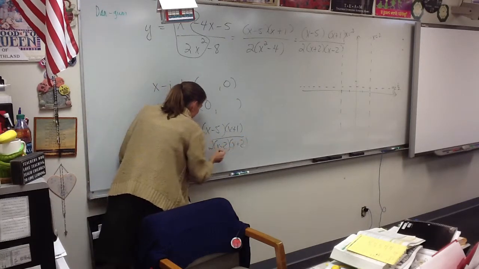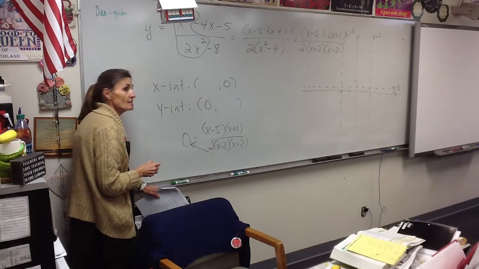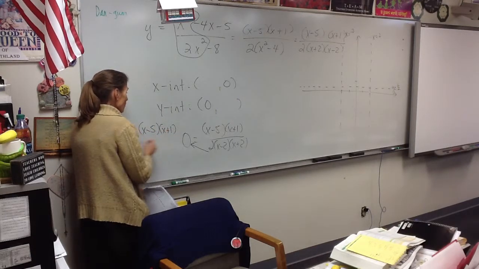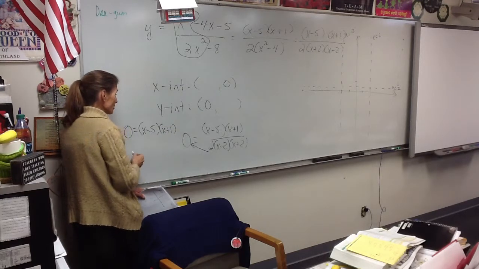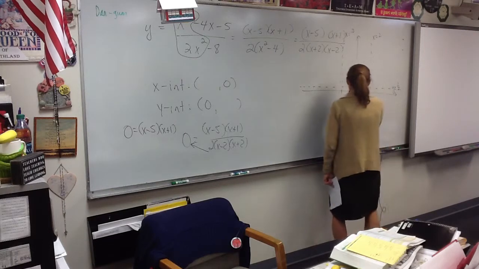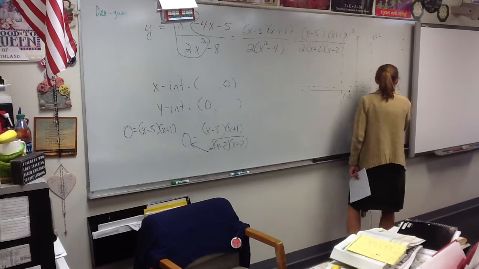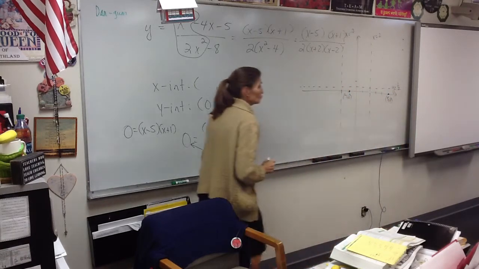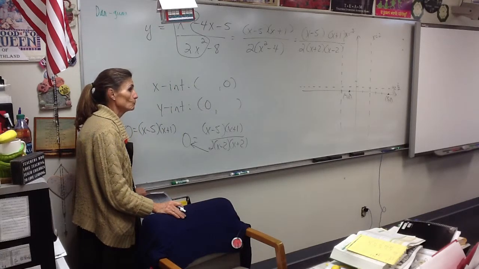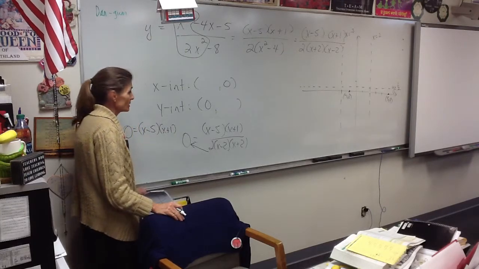You're going to take this stuff and bring it over here, right? But isn't it still going to be 0? So when you solve that, where will your x-intercepts be? At 5 and -1. There's -1. Here's 5. Yeah, you set them both equal to 0. You're solving that equation. You're setting them both equal to 0.